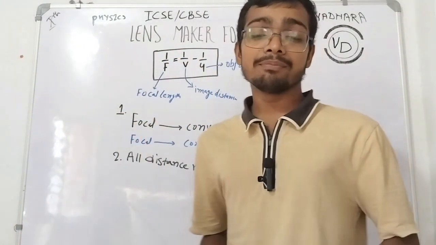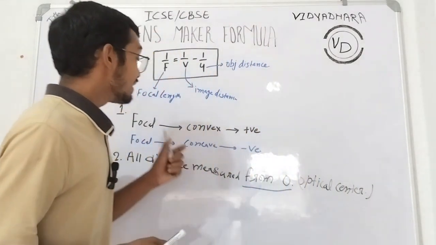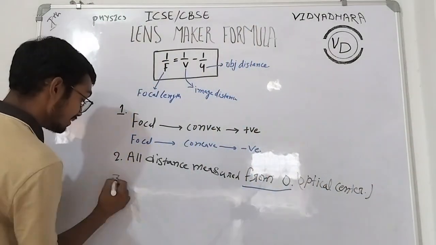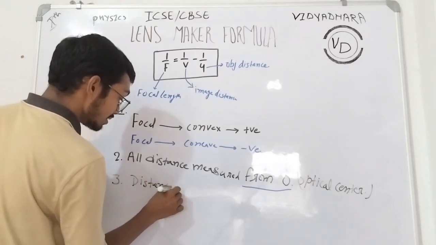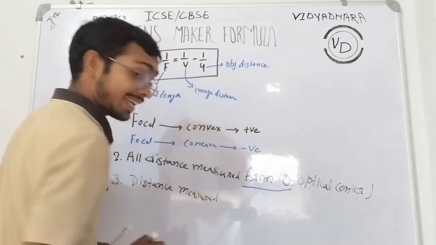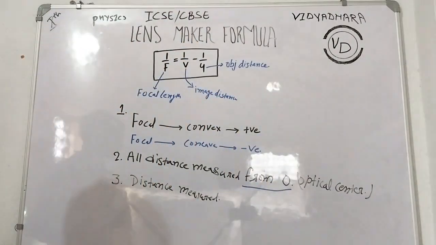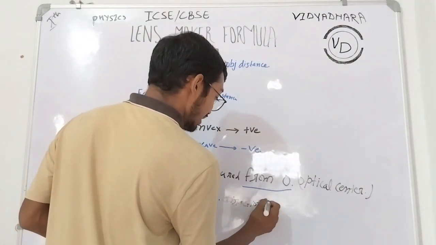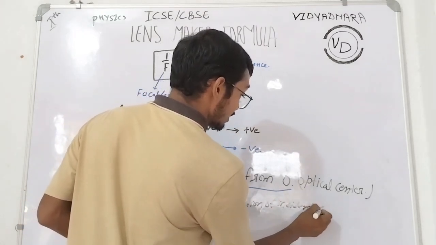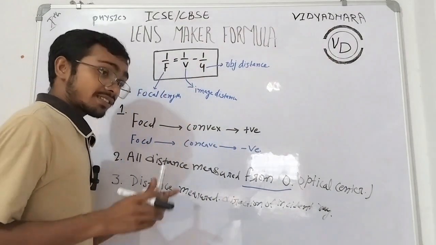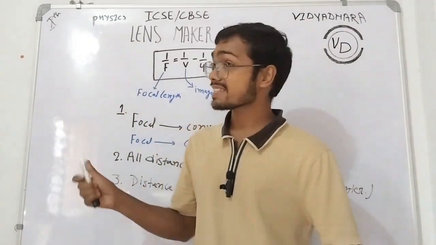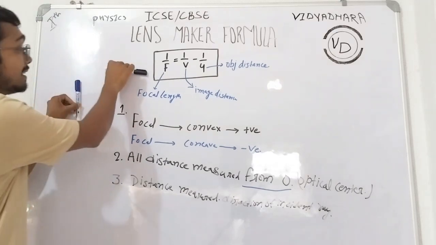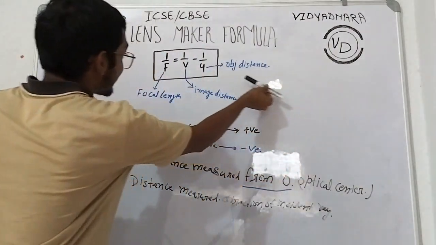Third is distance measured in the direction in which the incident ray travels. Whatever distance we measure in the direction of the incident ray, such as this is the image, this is the object, and the incident ray is going like this, then this direction is taken as positive and opposite to this direction is taken as negative.